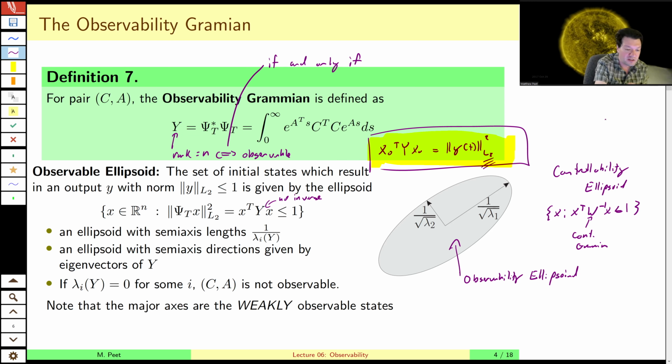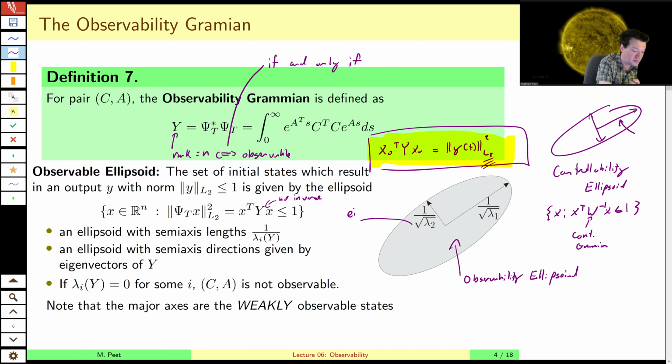For the controllability ellipsoid, the lengths here were, that's what this space is. So if you want to find the lengths in various directions, you do an eigenvalue decomposition. That's what these are, the eigenvalues. And these directions are the eigenvectors associated with a particular eigenvalue.